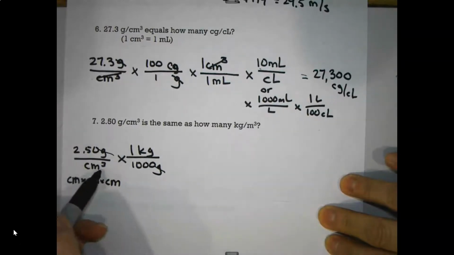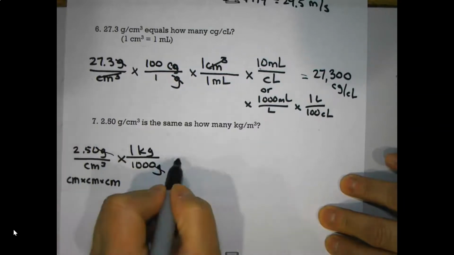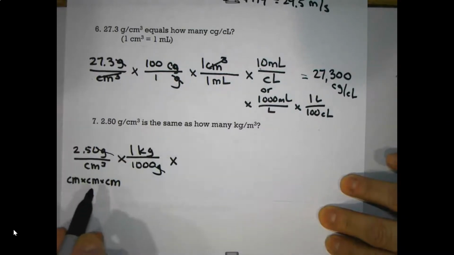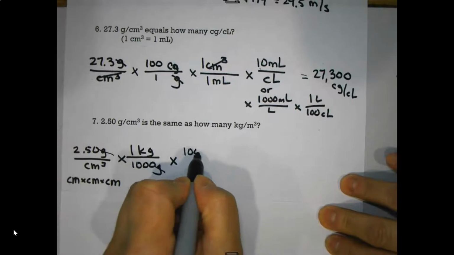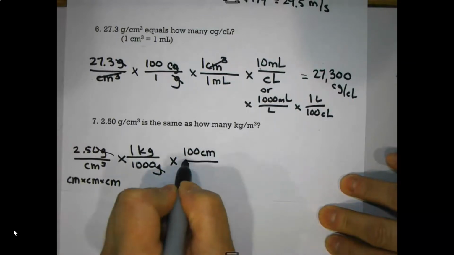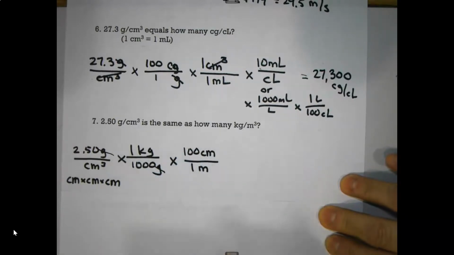Now I've got to deal with the cubed part. If I say there's 100 centimeters per 1 meter, how many of the centimeter units has that taken care of? Just 1, so 1 of these cancels out. If I were to stop here, my unit would be kilograms per meter centimeter squared.